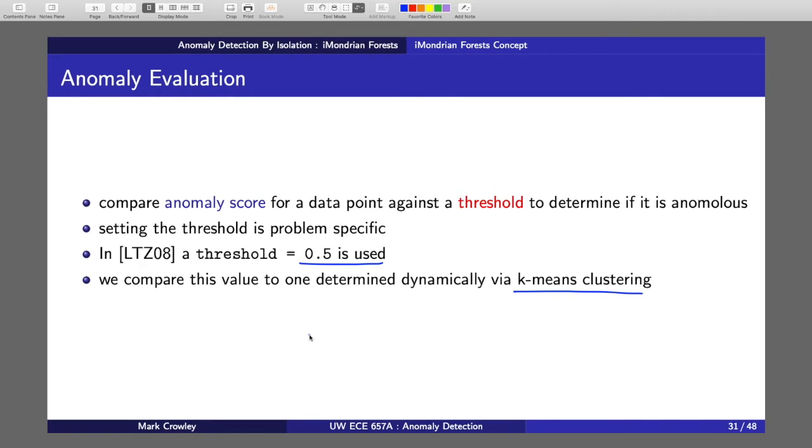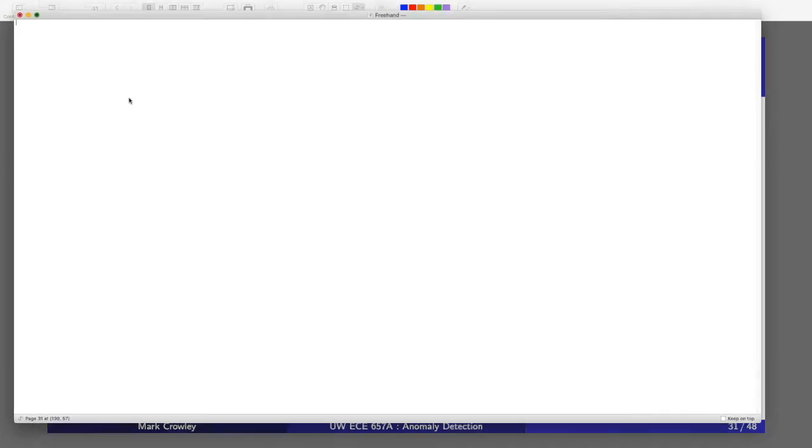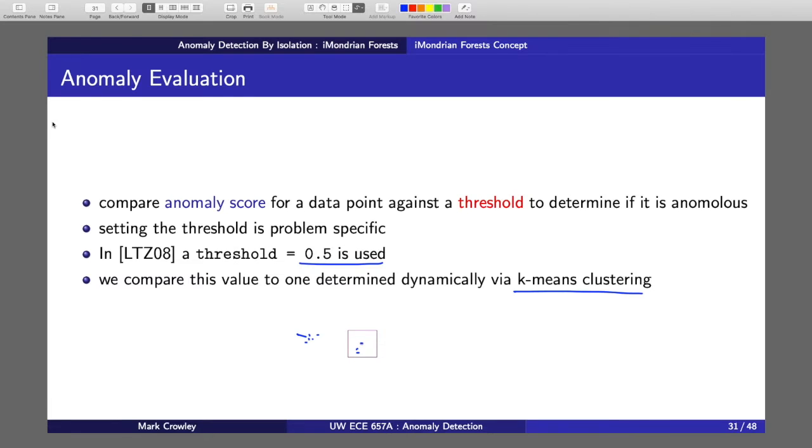So you could have a bunch of data points, and some of them are anomalies.